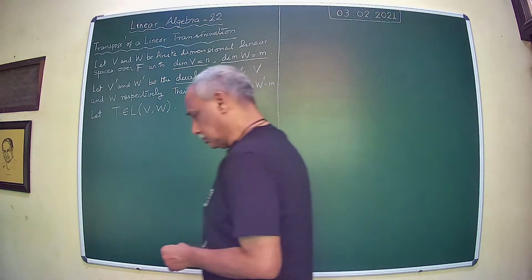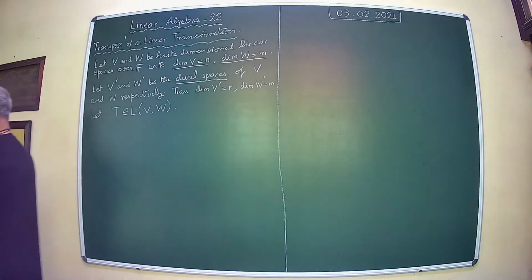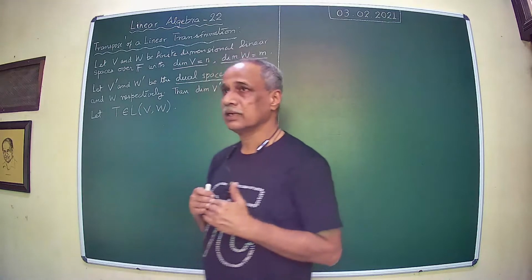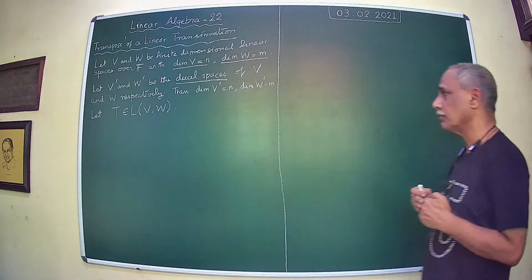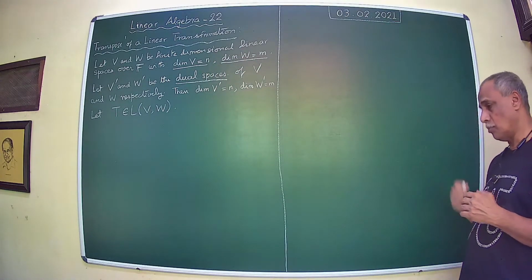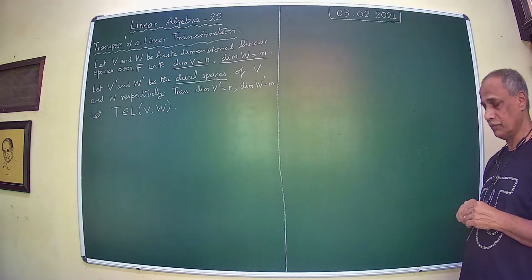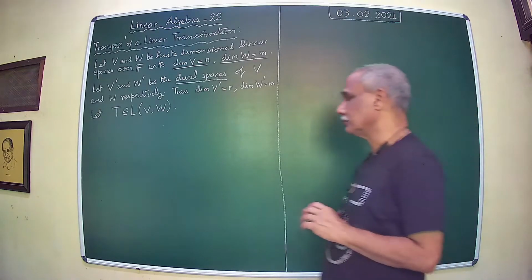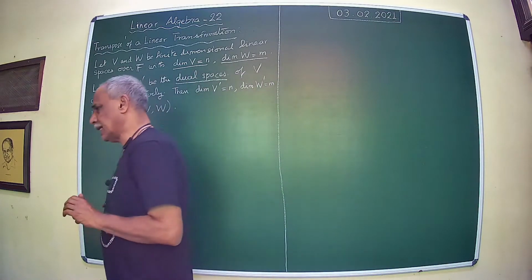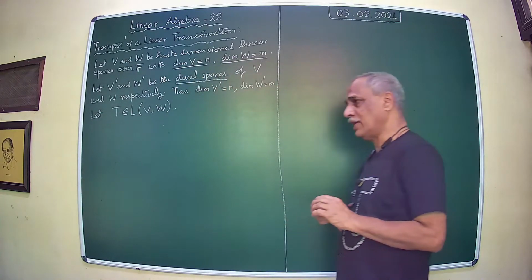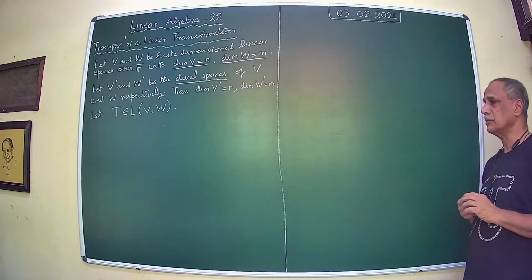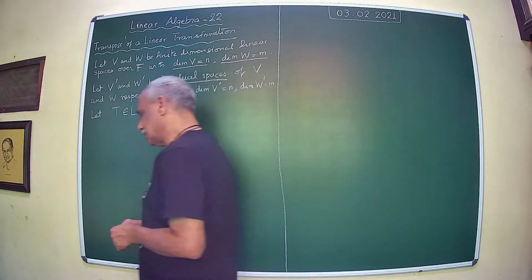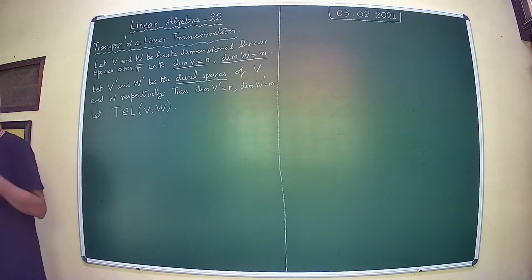Now, what in fact happens is that corresponding to a linear transformation from a linear space into another, there exists a unique linear transformation between their duals in the reverse order. Now this is the one that we are going to explore.